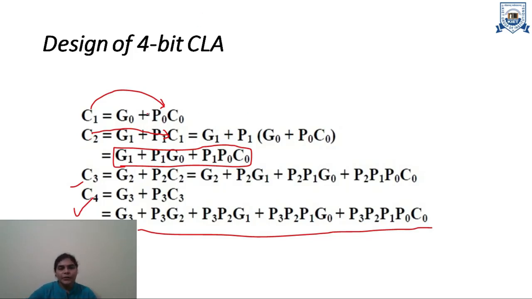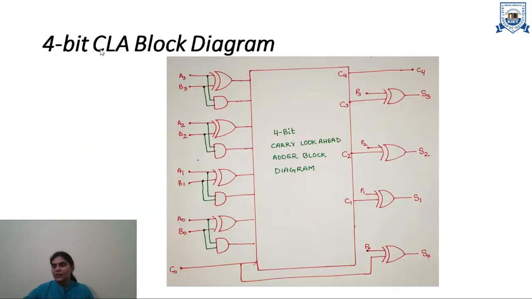So according to these equations, we can design the circuit diagram. Here is the block diagram of the 4-bit carry look-ahead adder. Here we are adding two 4-bit numbers, A0, A1, A2, A3 and B0, B1, B2, B3. So we will calculate Pi values and Gi values.